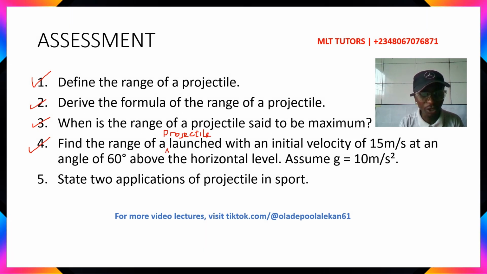Then the final question for the day, state 2 applications of projectile in sports. Alright learners, I hope you should be able to try all these questions and get them correctly.